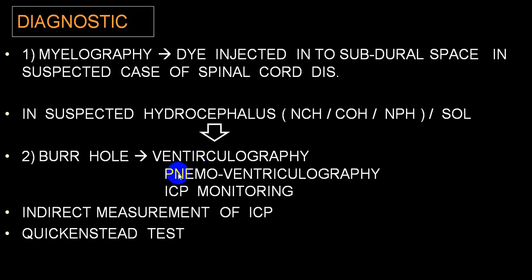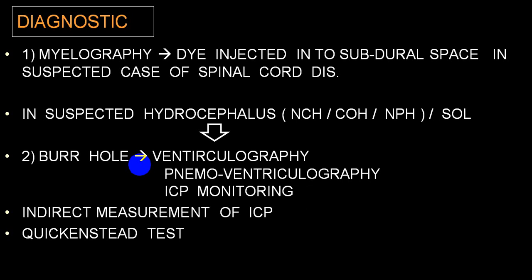If you inject a dye and air, it is called pneumoventriculography, and you can put a probe with a sensor for intracranial pressure monitoring. We call it ventricular pressure monitoring, or you can put it into the parenchyma. It is called parenchymal intracranial pressure monitoring.